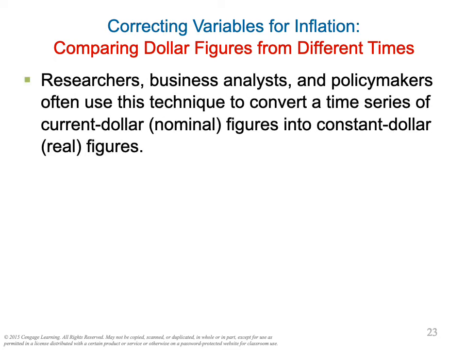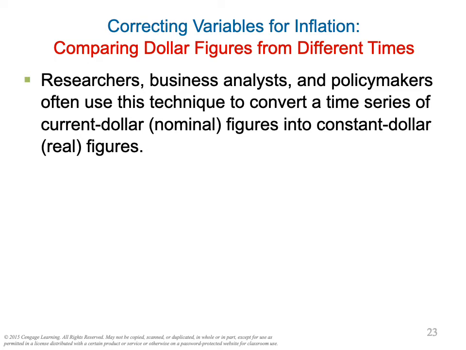Now, why is it important for us to make these types of adjustments? Well, researchers, business analysts, and policymakers need to be able to make comparisons over time while ignoring the effects of inflation. And so very frequently they're going to use this technique to convert, say, a time series, which is basically just a bunch of observations over time of current dollar values, or in other words, nominal dollar values, and turn it into constant dollar values.